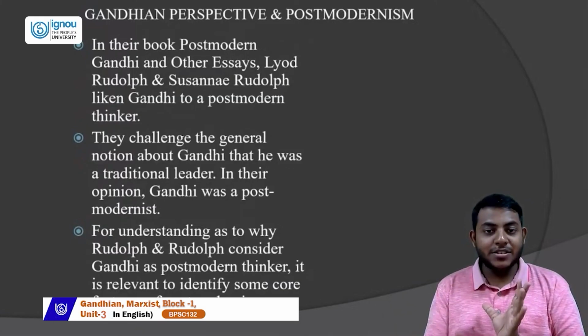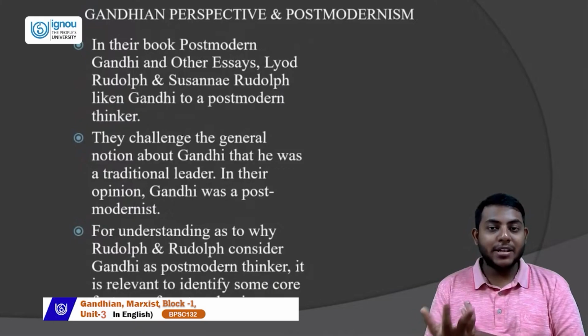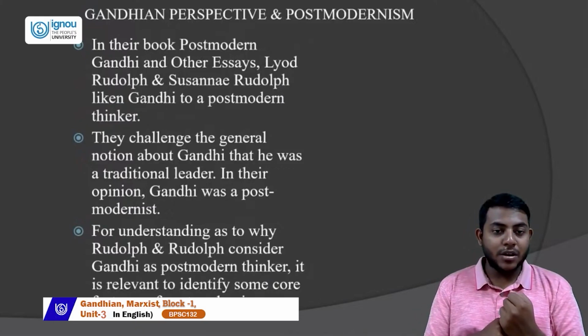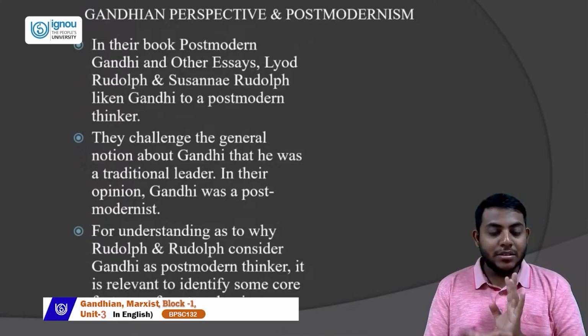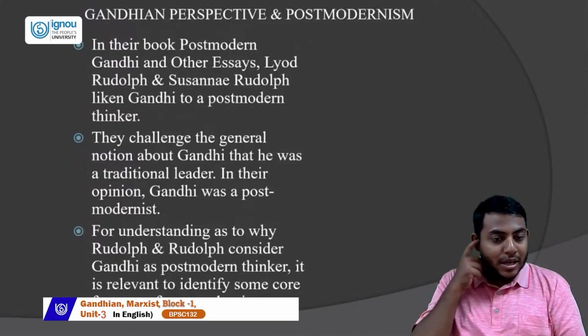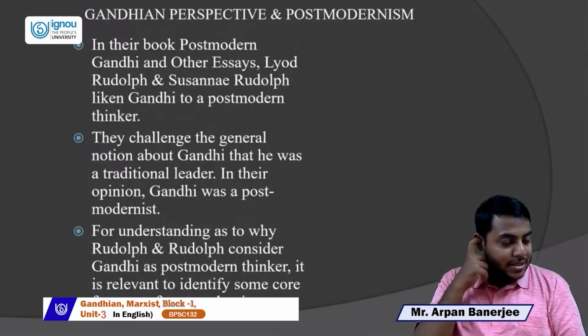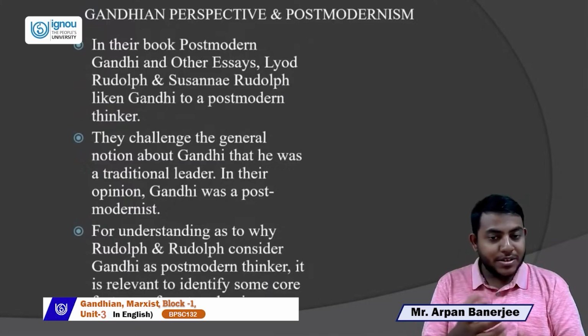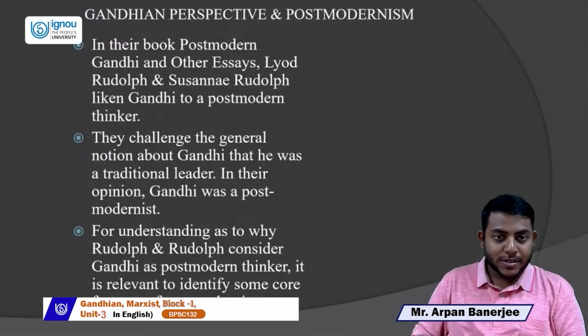So these agriculture related issues, how to develop agriculture, whether using the Western model or an indigenous model, to find answers to those issues, scholars and political scientists have shown a lot of interest in Gandhiji's works.